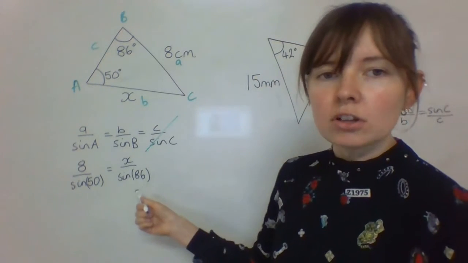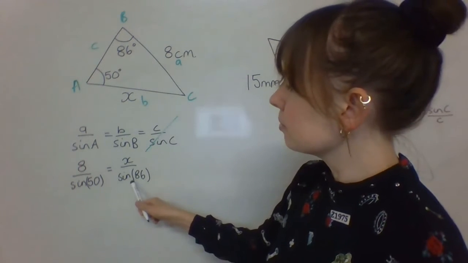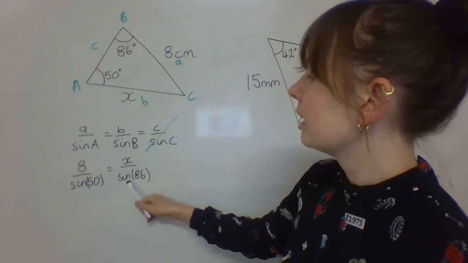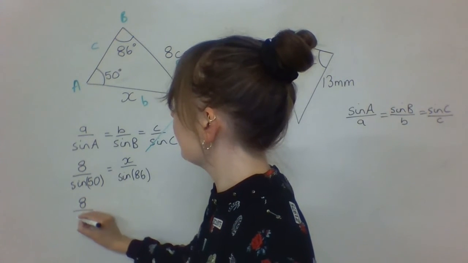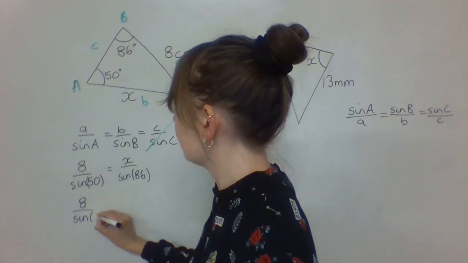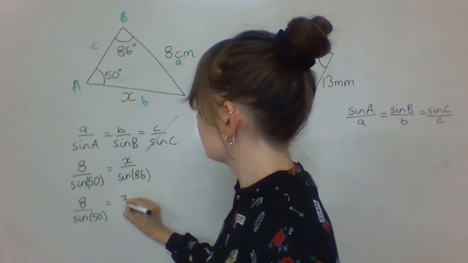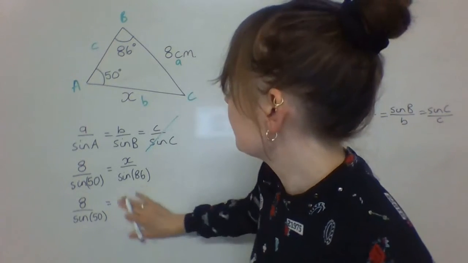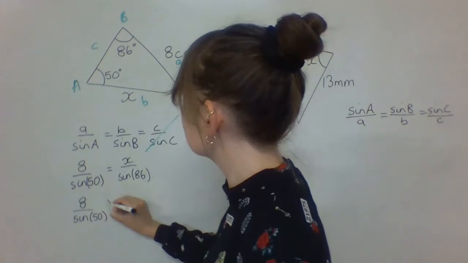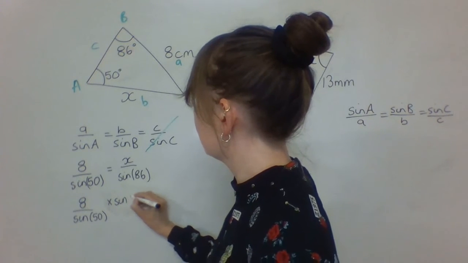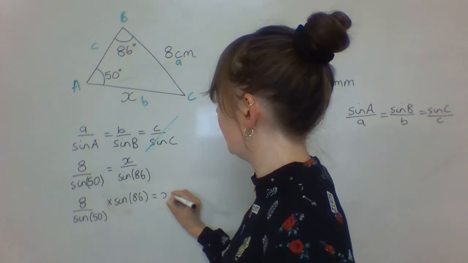Now, in order to solve this, I just need to rearrange and make x the subject. So I'm going to multiply on the left-hand side by sine of 86. So that gives me 8 divided by sine 50 multiplied by sine of 86 equals x.